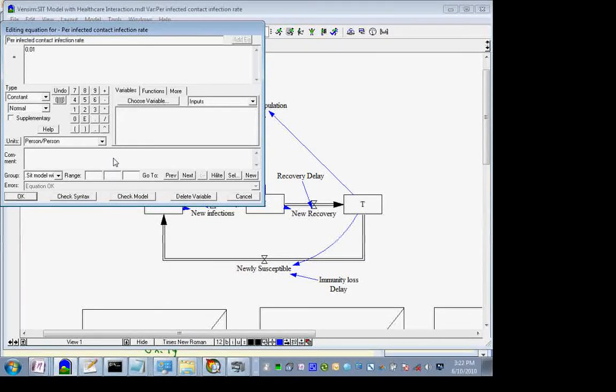Another way to think about it is how many persons get infected per infective contact, per person that's reached by an infected person. But probabilities in general are dimensionless, have unit dimension.